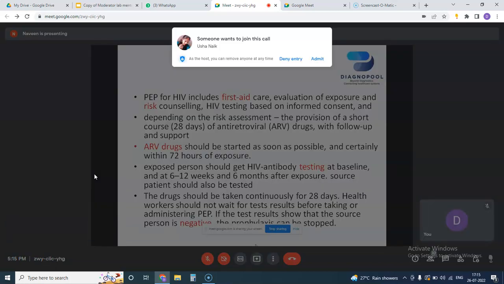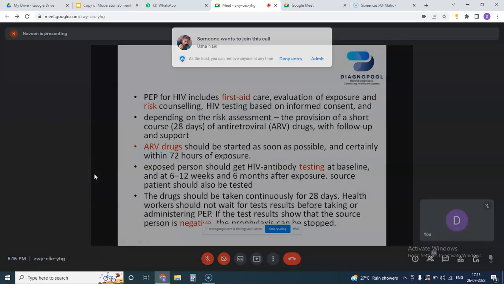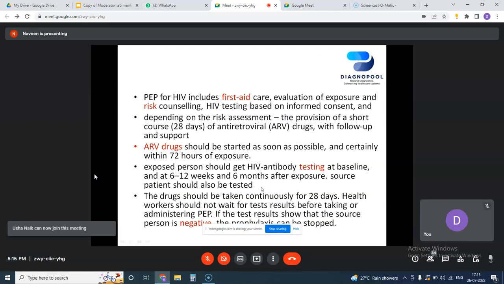Then both the phlebotomist and the patient should be tested for HIV, and if the patient's result turns out to be negative, then the prophylaxis which was started, that is the antiretroviral drugs, can be stopped.